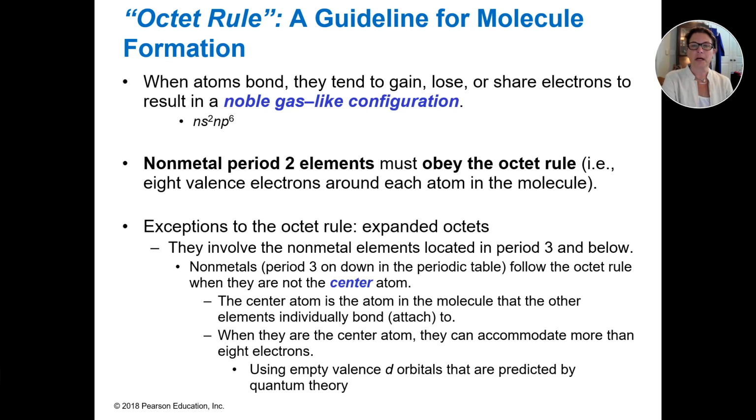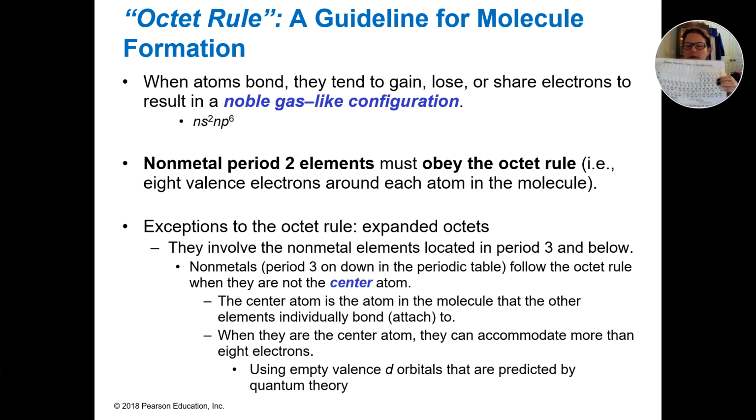Okay? So again, the octet rule guideline is just that non-metal period 2 elements must obey the octet rule. Non-metal period 2 elements. So that is period 2, this row here. That's 2 right there.